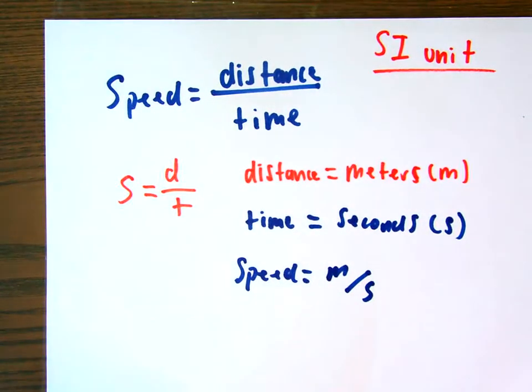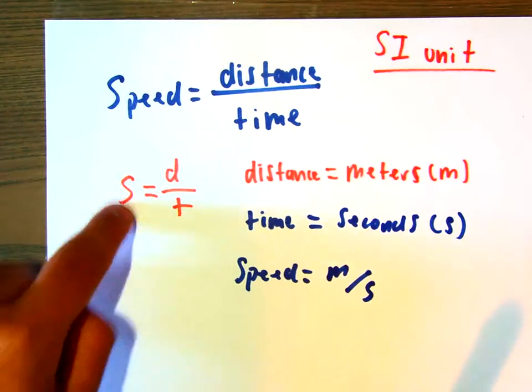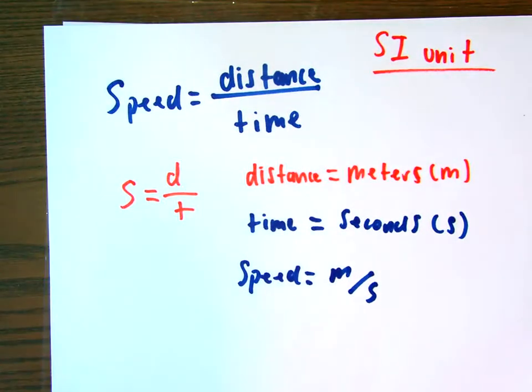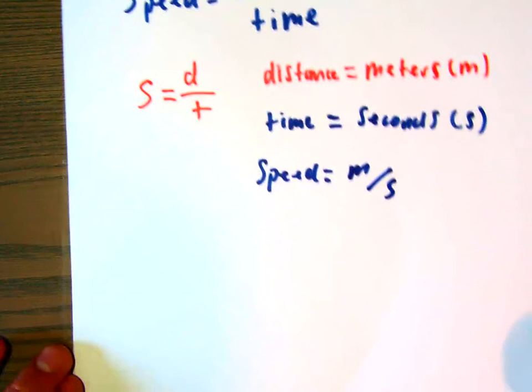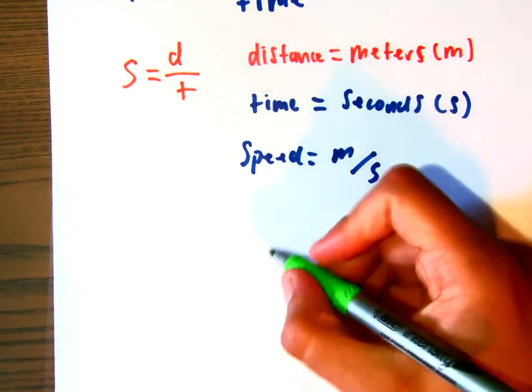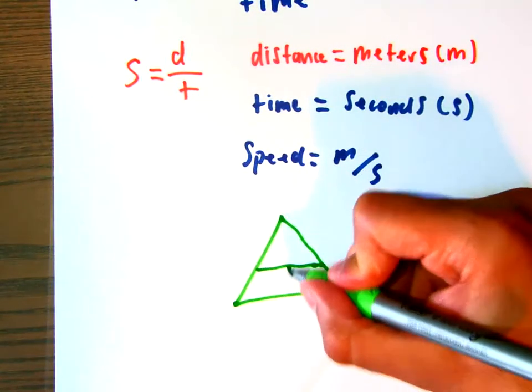Okay, so you're going to have problems where you have to solve for all of these here. So I'm going to show you a quick trick to help you solve multiple problems, which is what we call our speed triangle. So we just draw something like this. This is what we call our speed triangle.